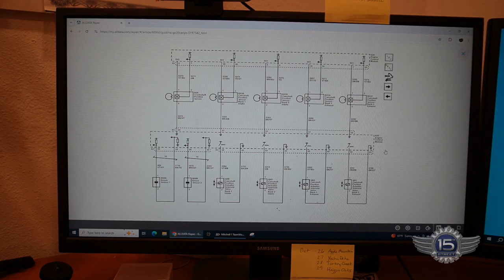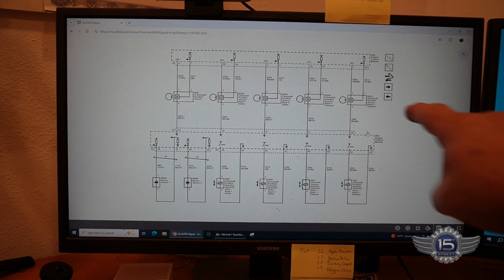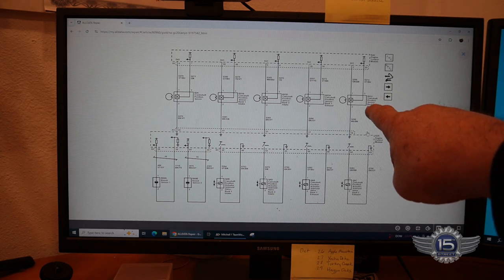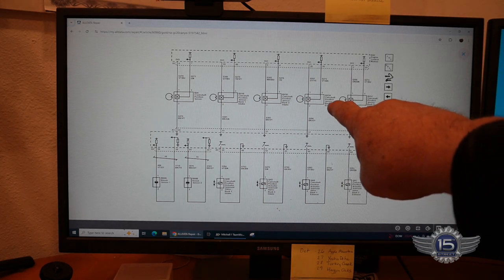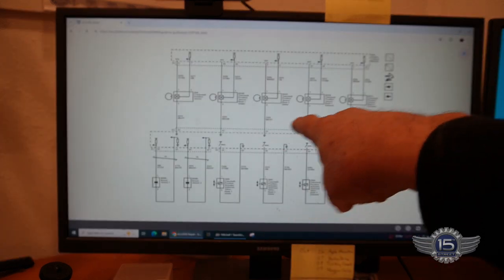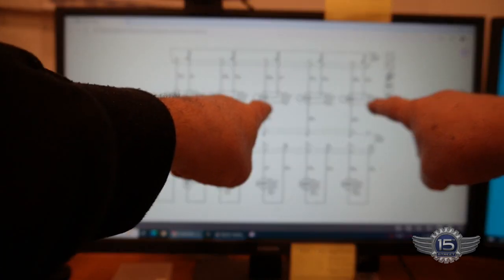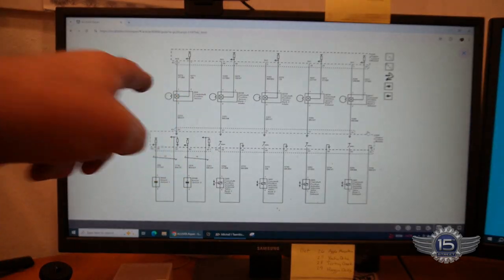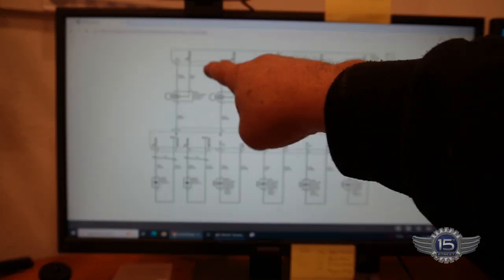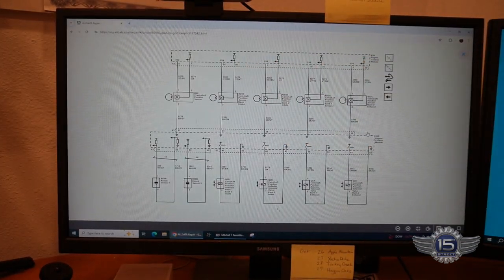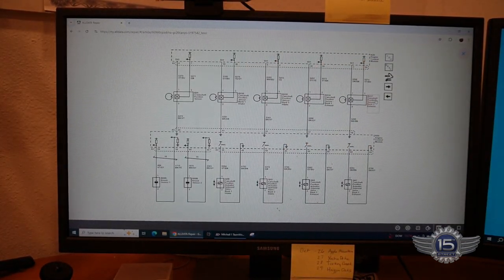I have to go to the PCM. So here's our camshaft sensor bank 2 exhaust, camshaft sensor bank 1, camshaft sensor. Okay, so these two are camshaft sensors, and here's our crank sensor. So this is the connector that we're interested in on the vehicle to gain access to those.